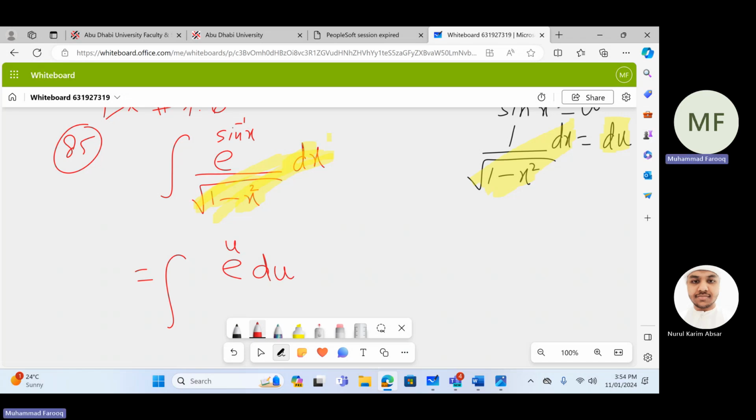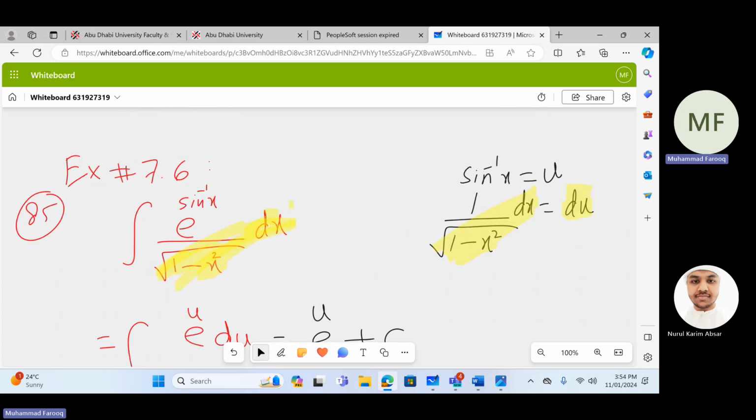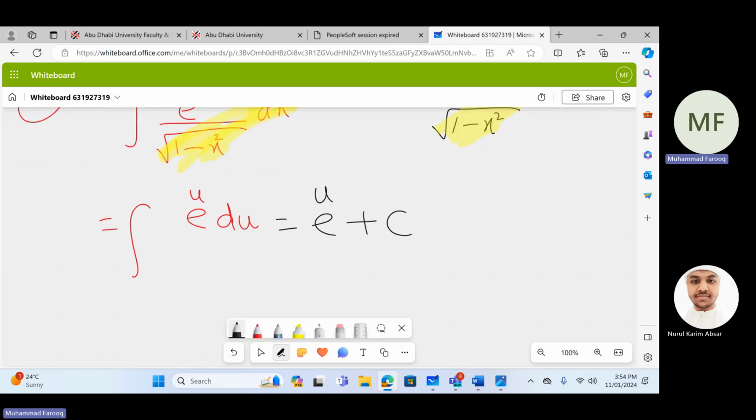What is the integration of e to the u du? We learned it simply, and please put back the u value, and since it's indefinite, plus c. What is u? Sine inverse x. So the answer to this question is e raised to power sine inverse x plus c. That's it, normal integration.